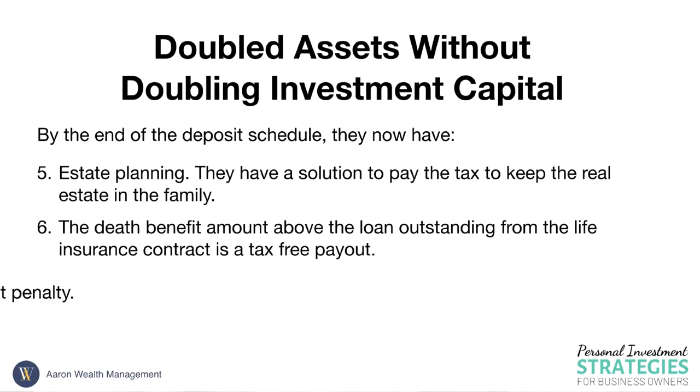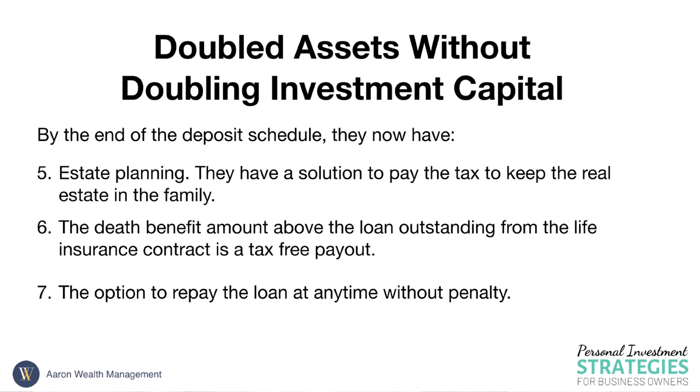In any case, when you pass away, the death benefit of the life insurance policy pays off the loan and the excess amount goes to the beneficiaries on a tax-free basis. So it's an awesome product. With the same amount of money, you're able to do two things at the same time.